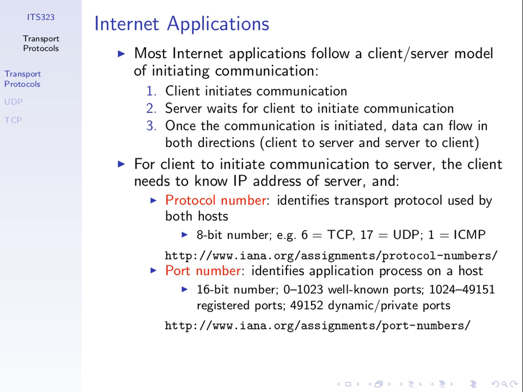So now that I know the destination IP address, I can send something to this computer using IP. But it may have a web server application running on it, just a piece of software, an email server application, and maybe some other voice over IP application running on that same computer.